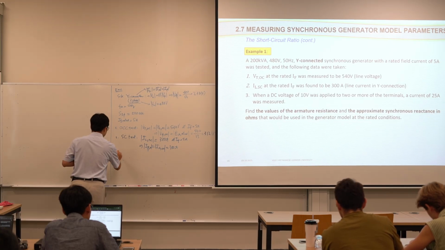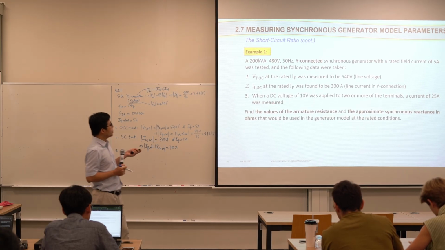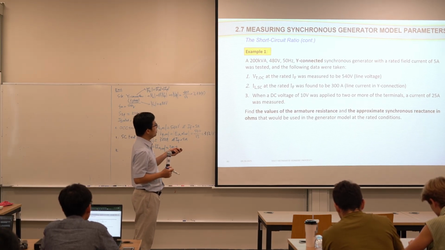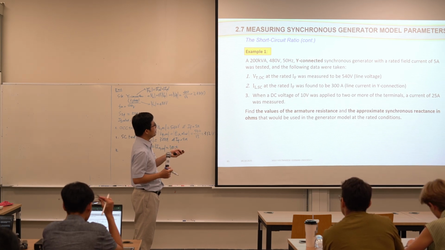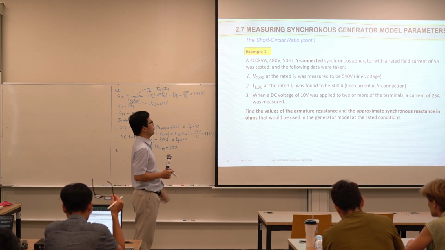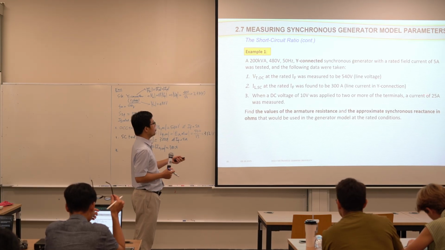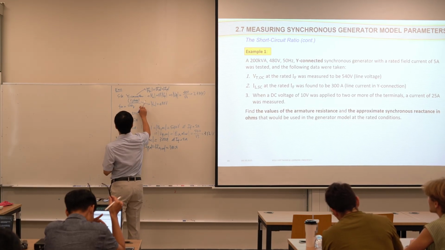Number 3, when a DC voltage of 10 volt was applied to 2 of the terminals, a current of 25 amperes flowed. This is a Y connection.